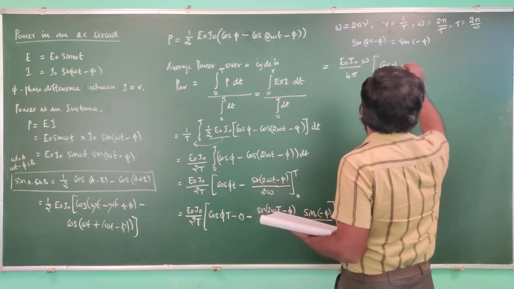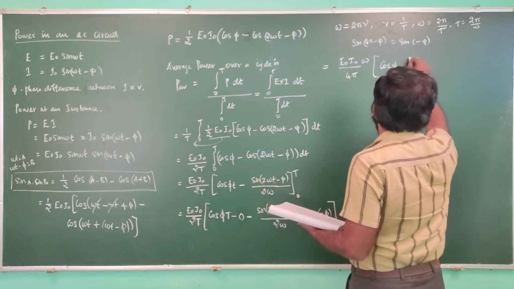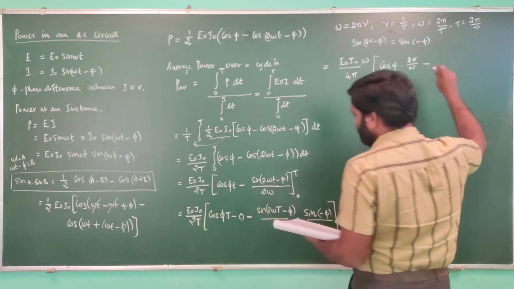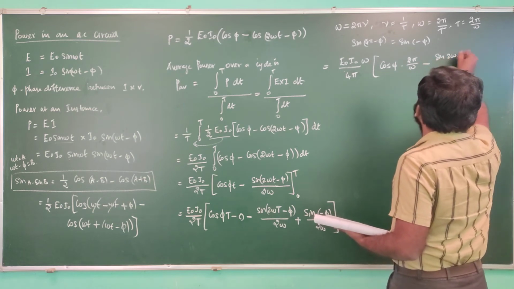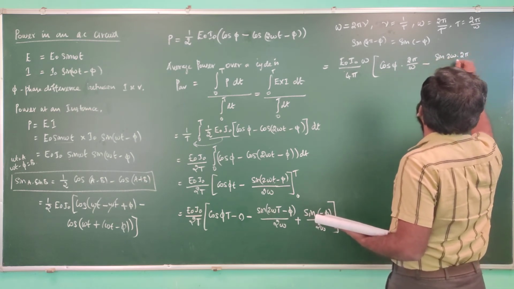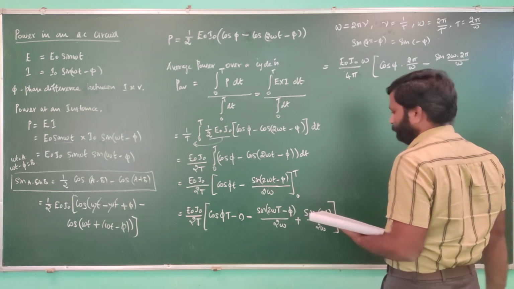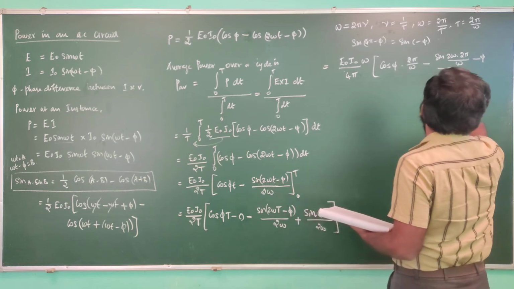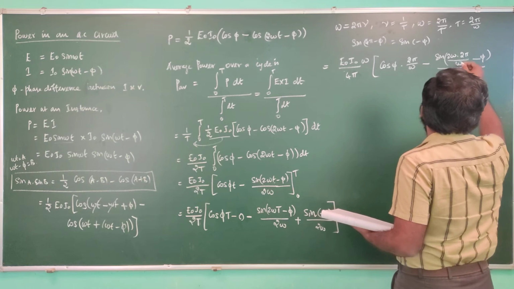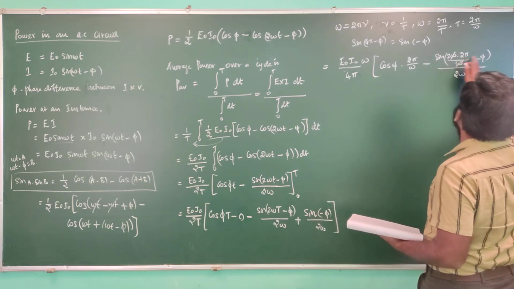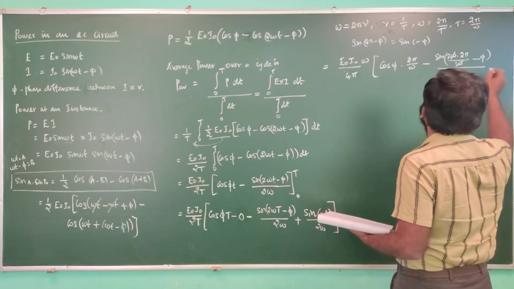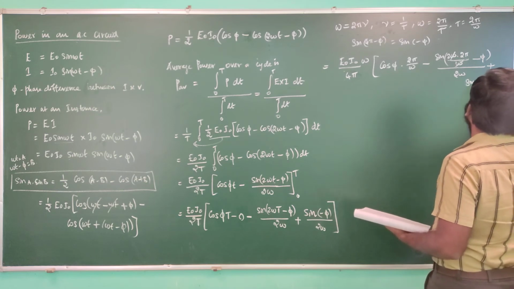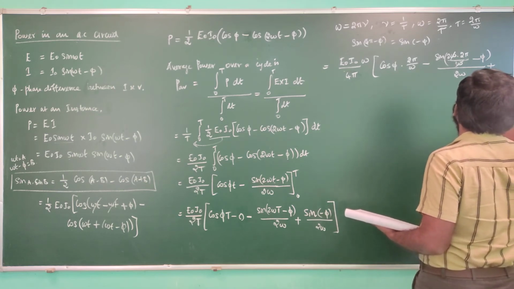Cos pi into, in the place of t we can put 2 pi by omega, minus sine of 2 omega into 2 pi by omega, minus pi, divided by 2 omega. So omega will cancel out here, it becomes 4 pi minus pi by 2 omega, plus sine of minus pi by 2 omega.